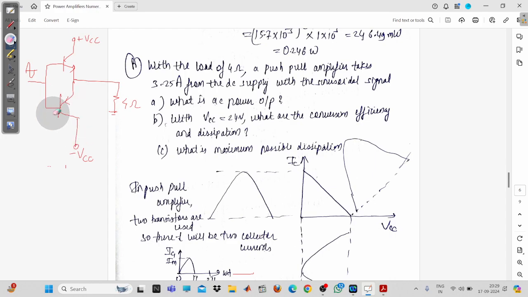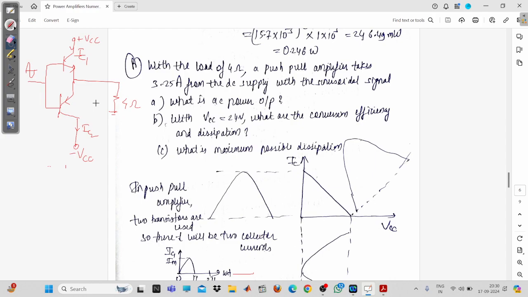So this will be cut off. When this is cut off, it acts as an open circuit, and this will be activated. So from here the current is going to flow. You are taking a current from the supply, so that is the IC1 current. Similarly, this one is IC2.